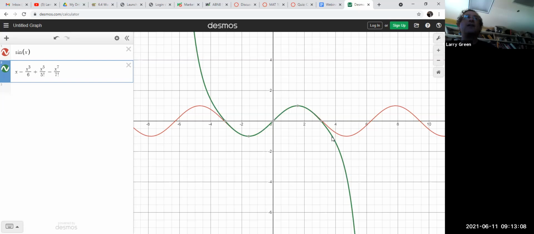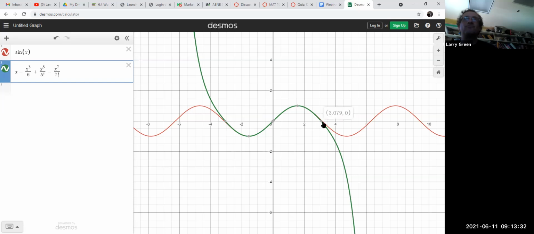Any questions on kind of the point of using a Taylor polynomial to approximate a curve? This is the best 7th degree polynomial approximation to the sine of x. And you can see that it does a pretty good job as long as you're between -3 and 3.